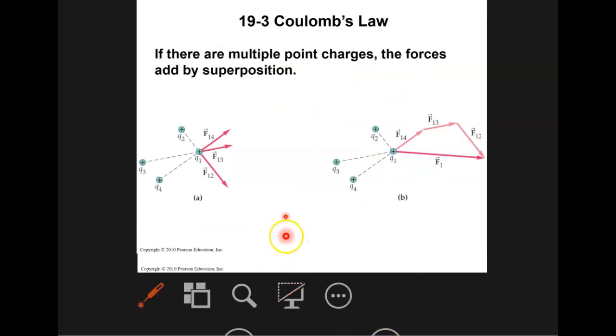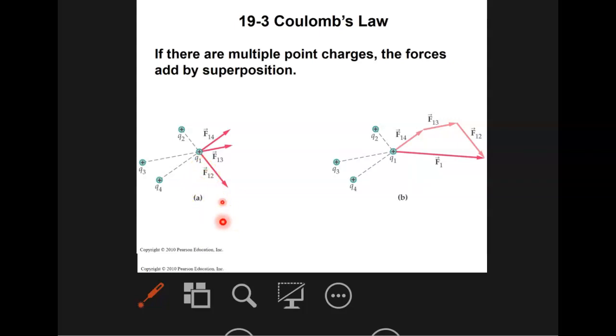And this is what I meant before. If there are multiple charges, the forces are added by superposition, or you basically want to concentrate on that one force. If you look at picture A, you have 1, 2, 3, 4 charges. And A is denoting all the forces that are coming onto charge 1.